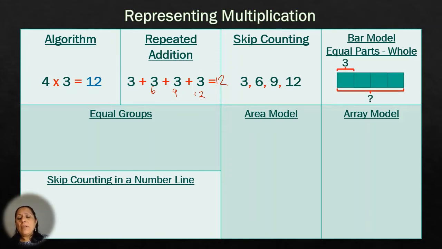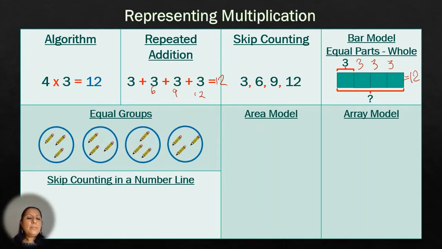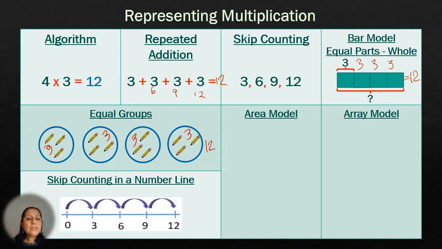I can do a bar model, where we don't know the whole, but we know that each part is 3, and 3, and 3, and 3. At the end, all of them together are going to give me the 12. I can do equal groups, putting 3 things inside each group. And when you add them together, the answer is going to be 12. You can use skip counting on a number line, which is basically the same as skip counting by 3s.